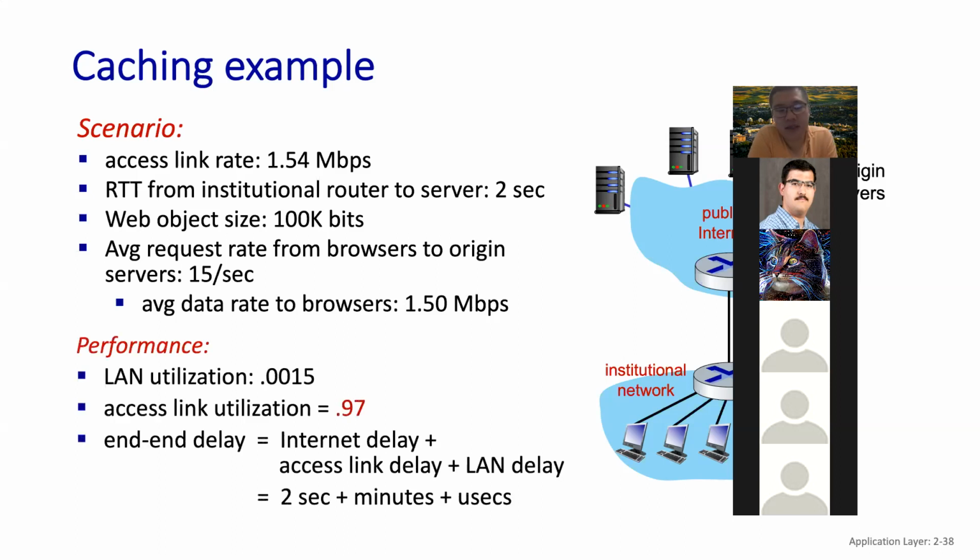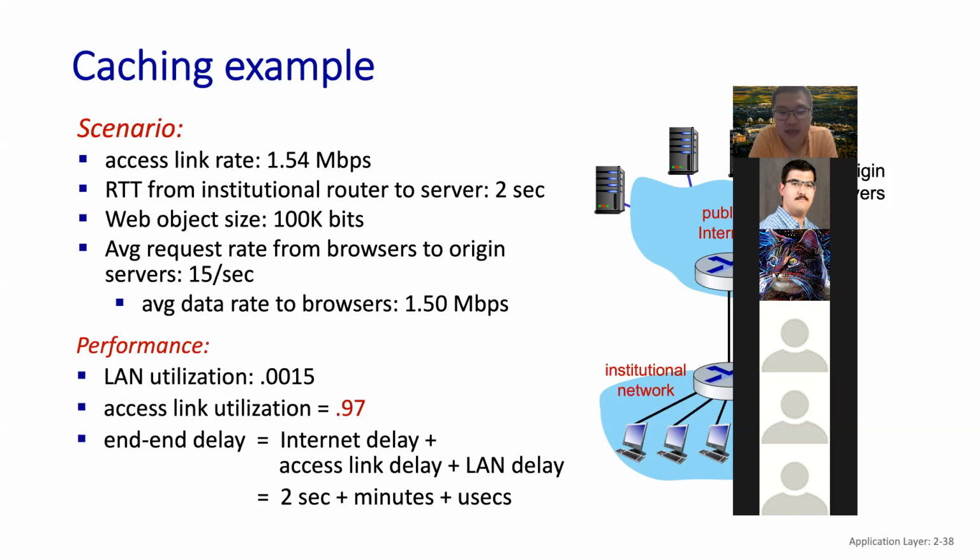So if we consider our access link, that is 1.5 megabits per second, so the utilization should be 1.5 divided by 1.54 to be accurate, which is over 97%.